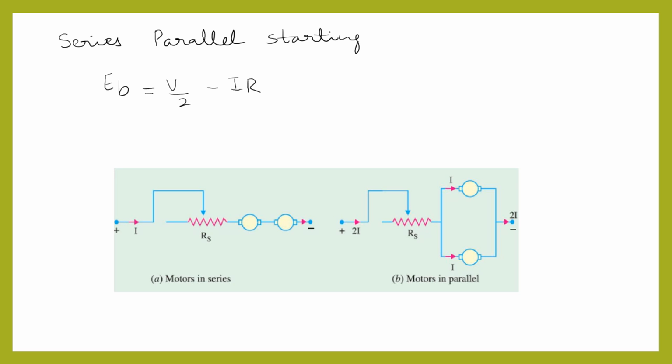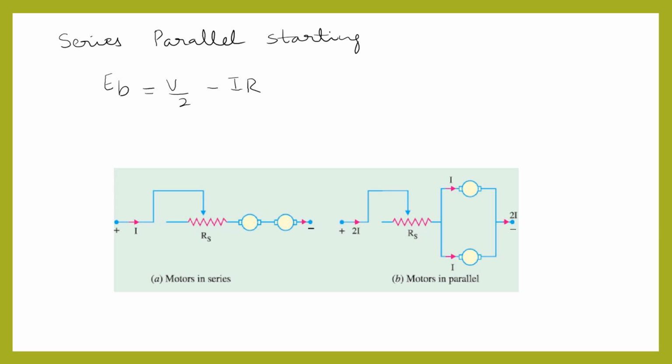Since the series motors are connected in series, the voltage drop across each of the 2 motors will be V by 2. Therefore, the back EMF is equal to V by 2 minus IR. So once the starting resistance is cut off completely, the motors are in full series position and it gives a running speed.